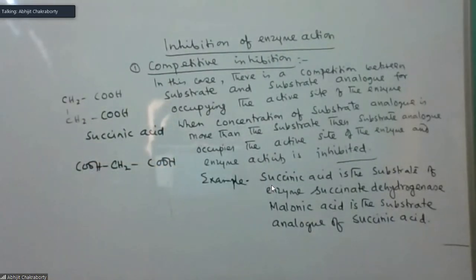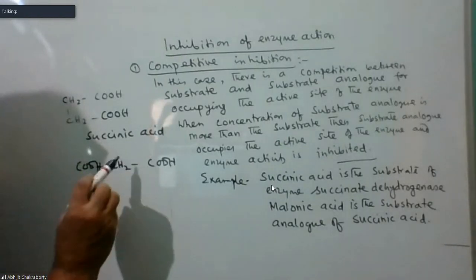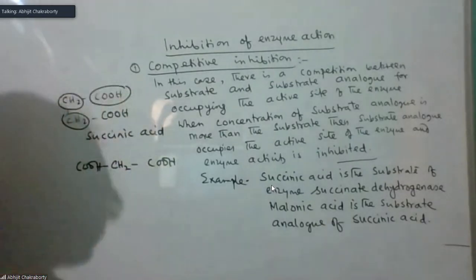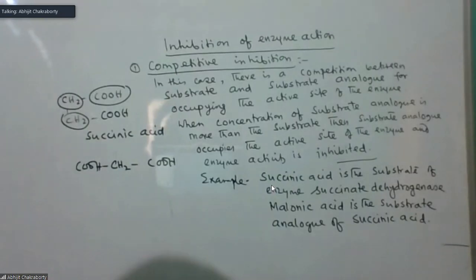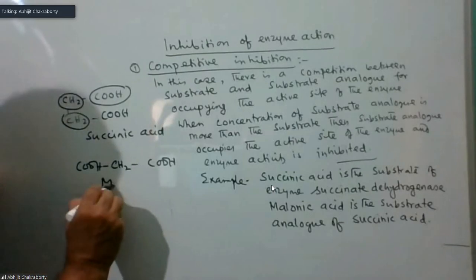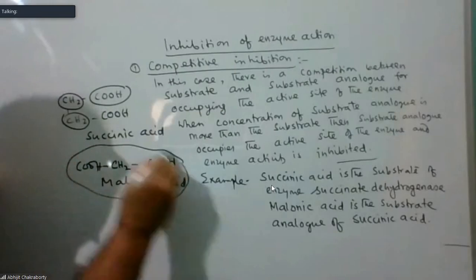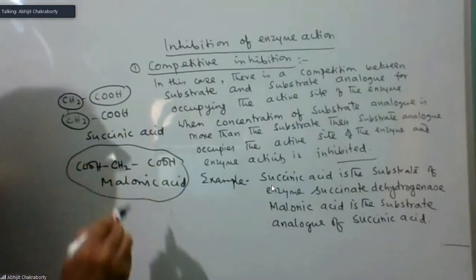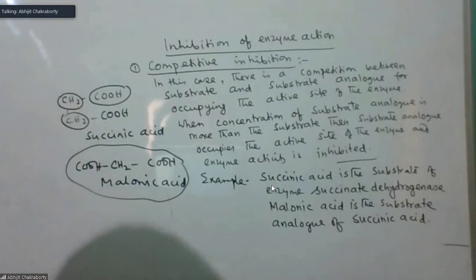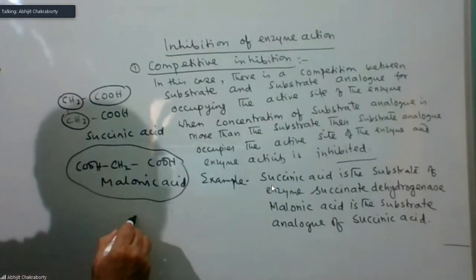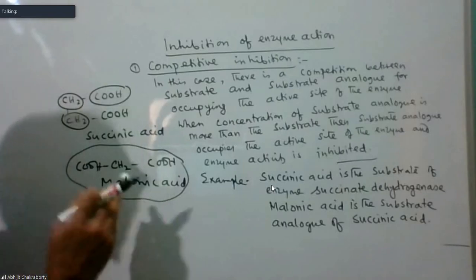This is the structure. So here is the structural difference. Is it clear now? This is the malonic acid. That's why it is the substrate analog of succinic acid. Is it clear now?